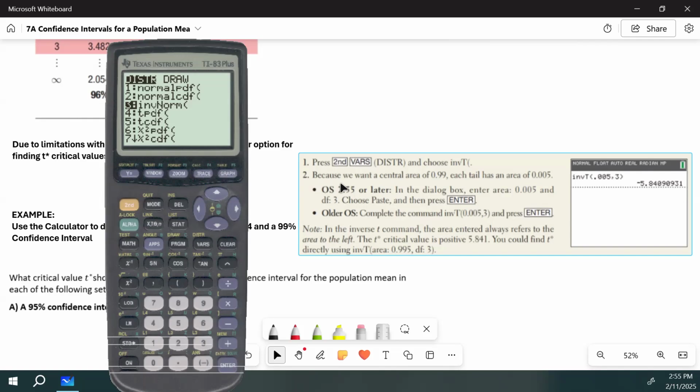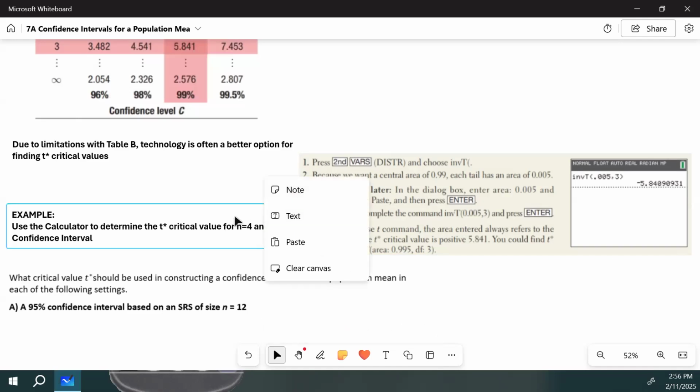So we want an area of 0.99 because it's a 99% confidence interval, and then each tail would have an area of 0.005. So you would do inverse T, put in the area of one of the tails, comma, degrees of freedom, and hit enter, and it's going to give you the T star critical value for that.